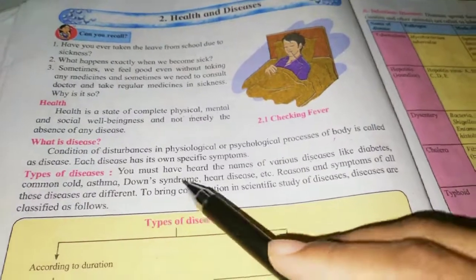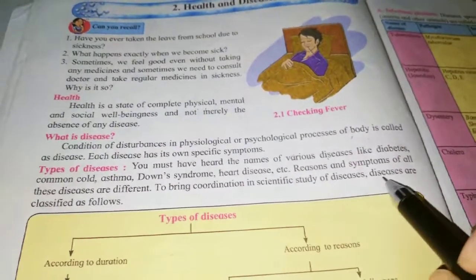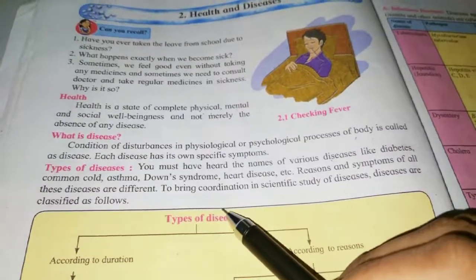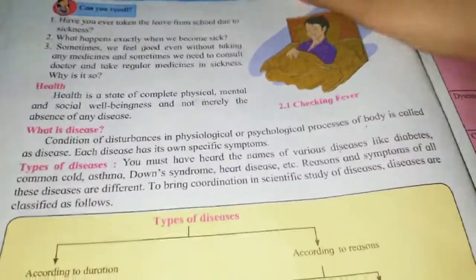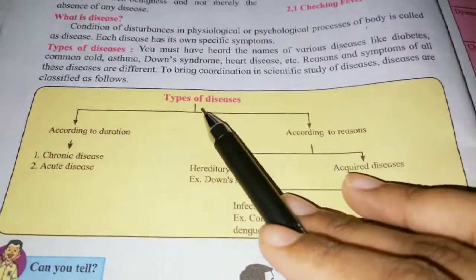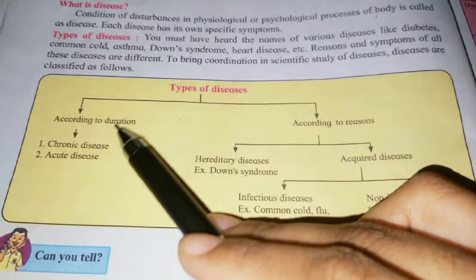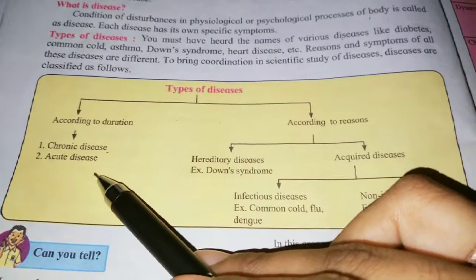To bring coordination in the scientific study of diseases, diseases are classified as follows. See here, they have given you a chart. Types of diseases according to duration: chronic disease and acute disease.